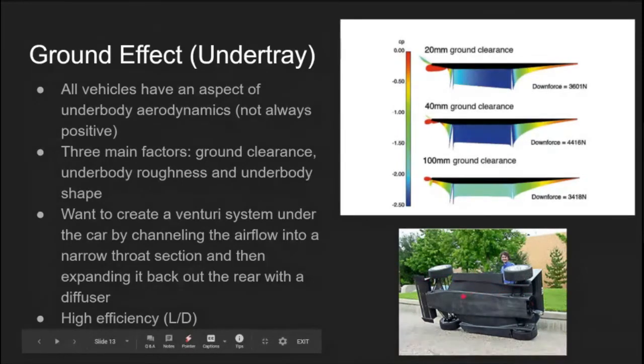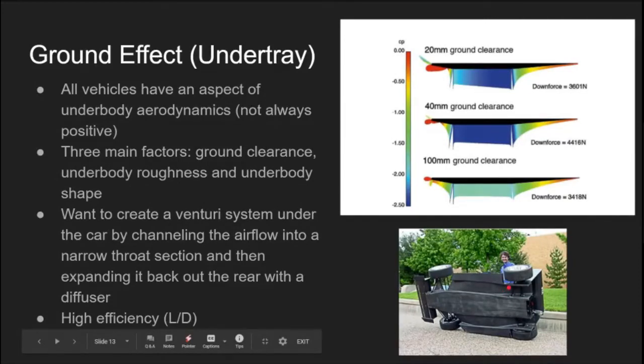And you'll see here, you won't see many FSAE cars with this expansion, throat, and diffuser region down the center of the car. You'll see a lot of cars that will have it on the actual sides of the car, and there are two reasons. You have more area along the sides to actually expand the air, because if you don't expand it enough, you get too much drag, and you actually lose downforce because you can't turn the flow as hard.